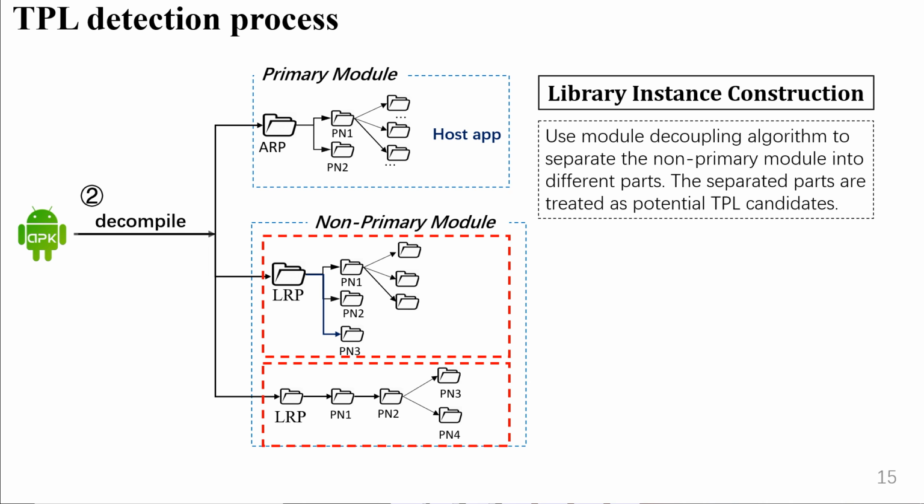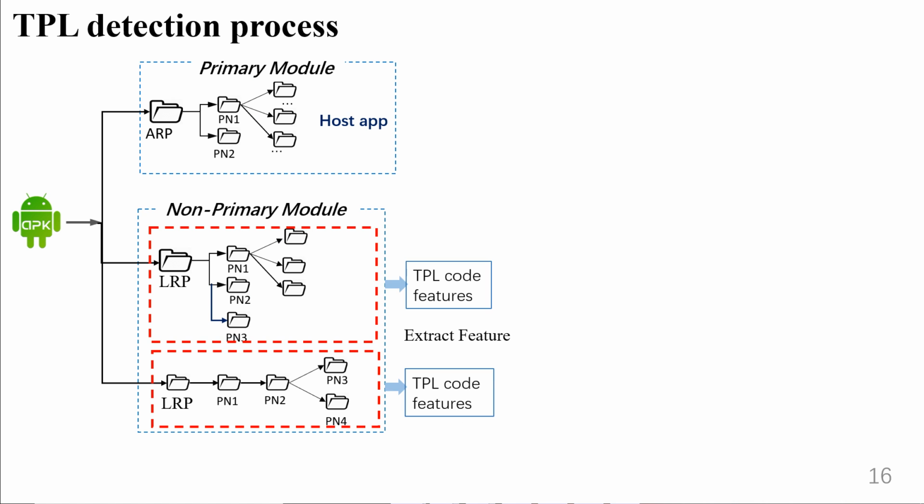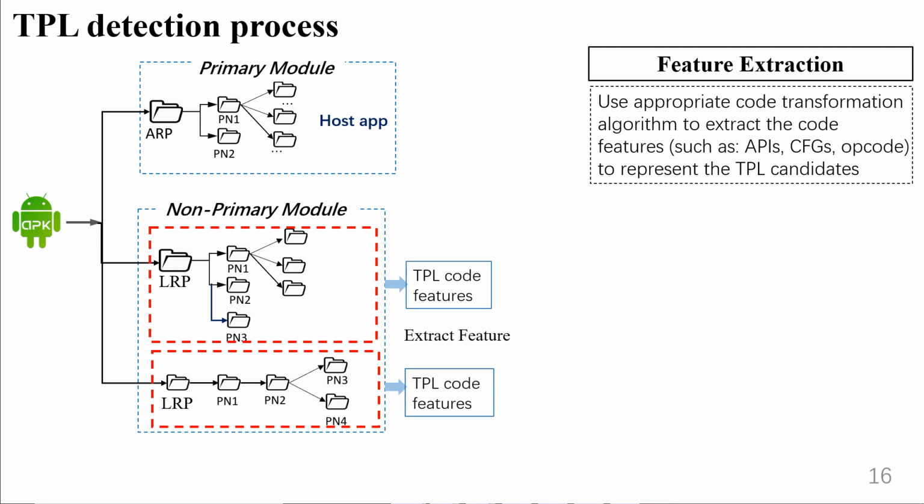Therefore, some existing tools use the package structures to cut the non-primary module and treat the parts as potential TPL candidates. The next step is feature extraction, which means using an appropriate code transformation algorithm to extract code features to represent the TPL candidate.